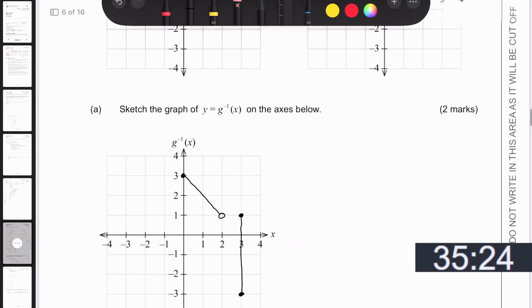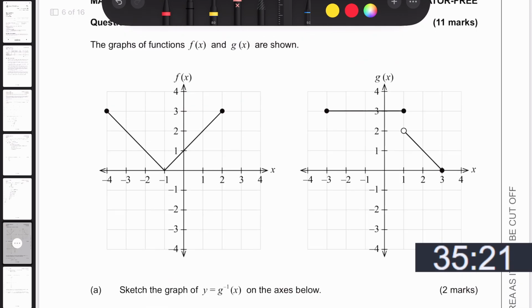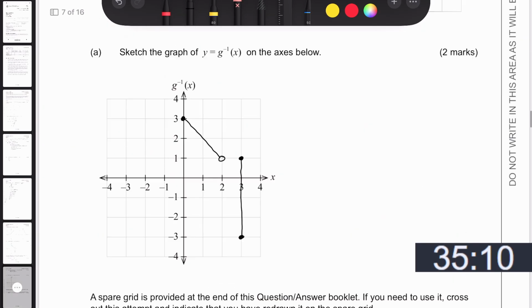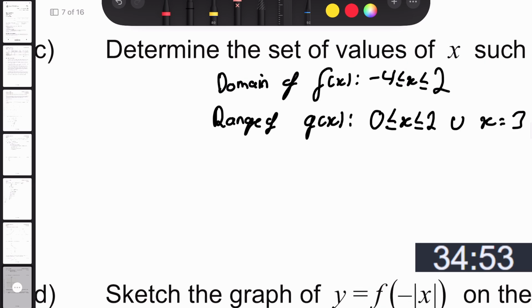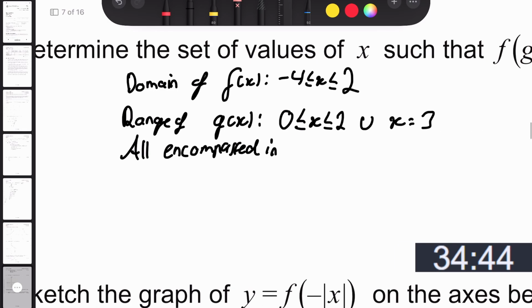Values such that f of g of x is defined. So we can take all values along the range of g of x. So we can sub in any value from -3 to 3, all encompassed in the domain of f of x.